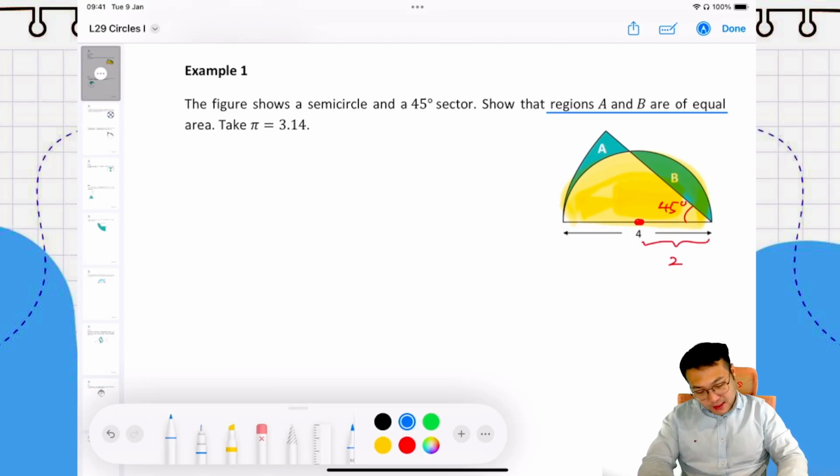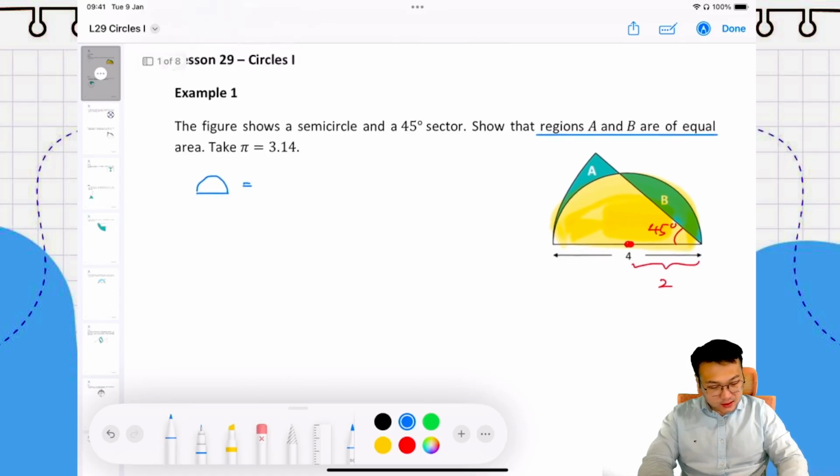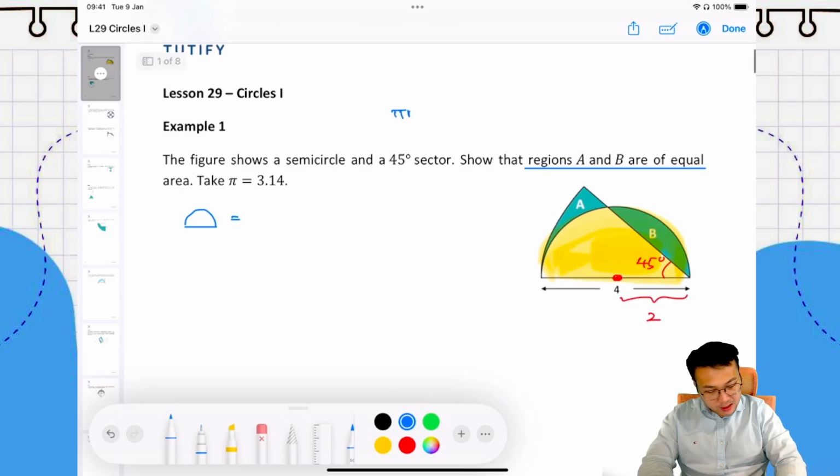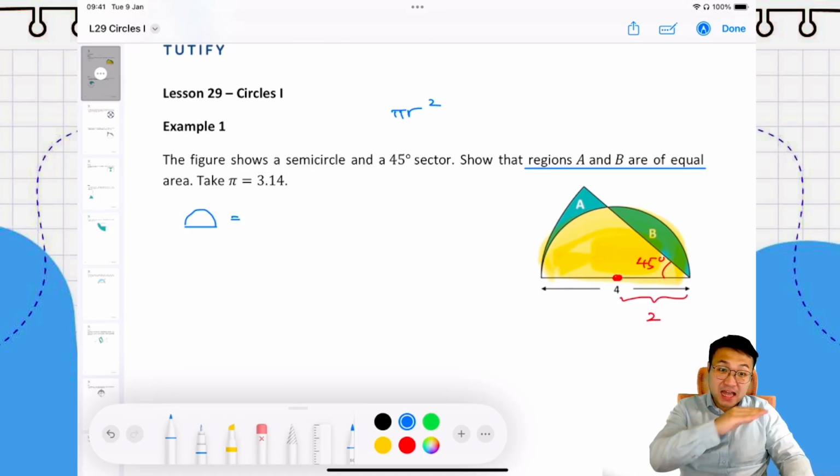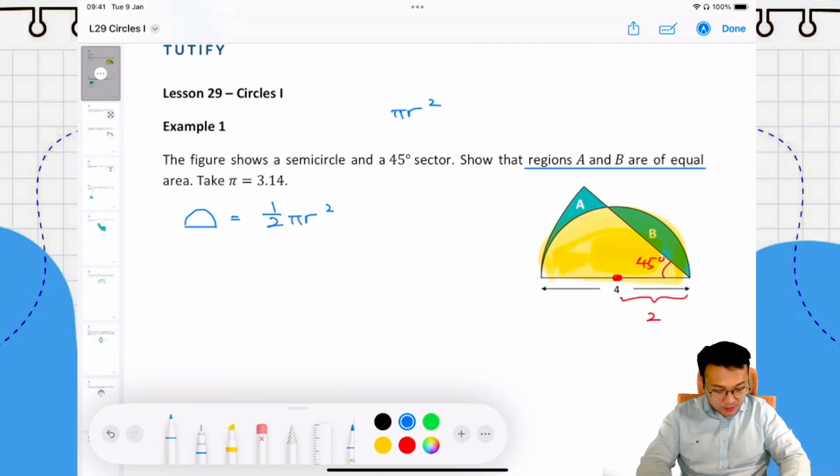So if I were to find the area of a semicircle, okay, let's say I find a semicircle. The area of a circle is pi r squared. But if you want a semicircle, which is just half of a circle, you have to do half times pi r squared. So what is half times pi r squared? Half times pi times the radius to the power of 2.